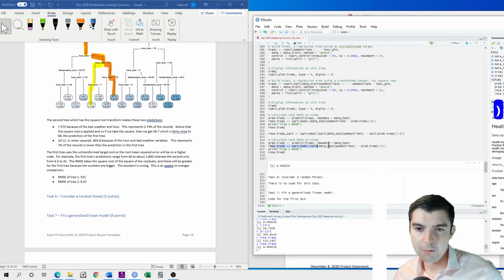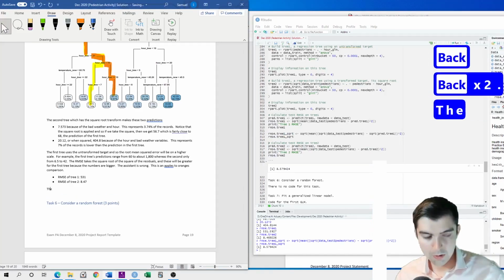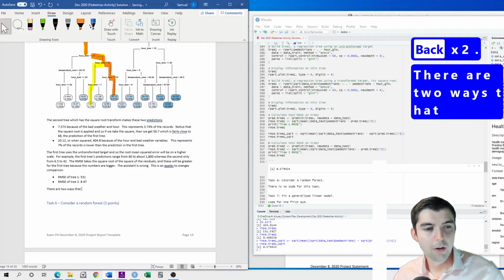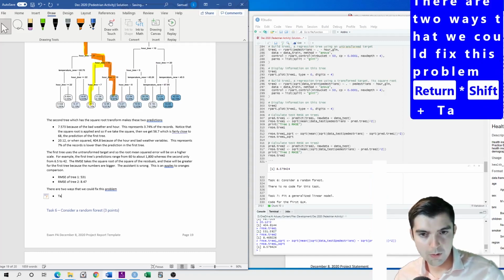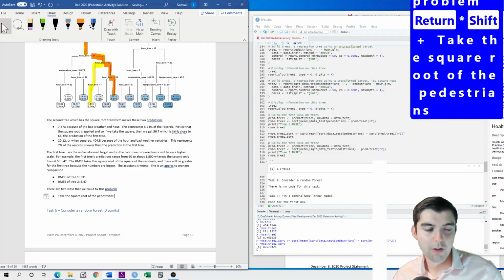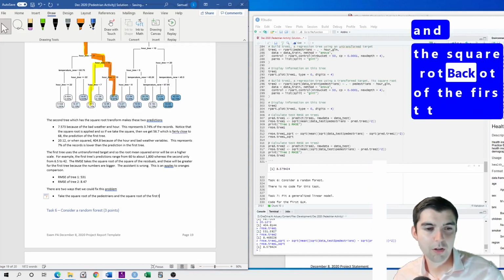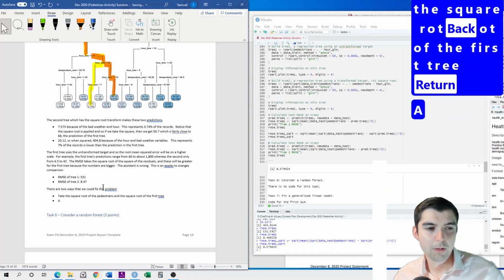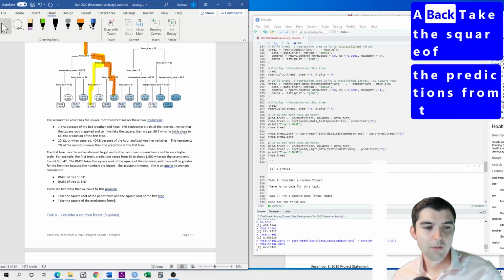Or we could take this one and then square the values of the predictions and then calculate the RMSE. So there are two ways that we could fix this problem. Take the square root of the residuals and the square root of the first tree, or take the square of the predictions from tree 2.